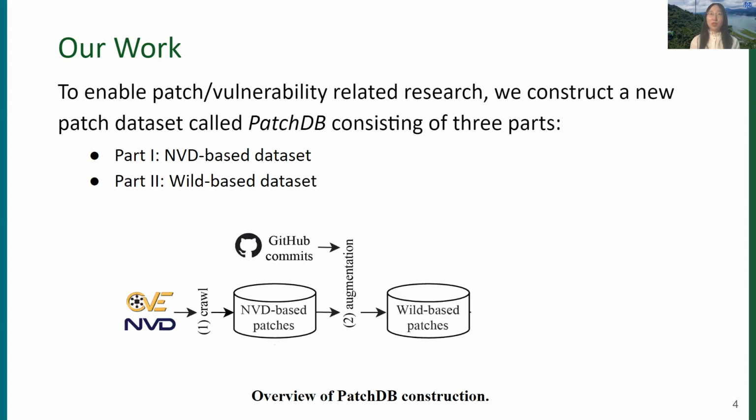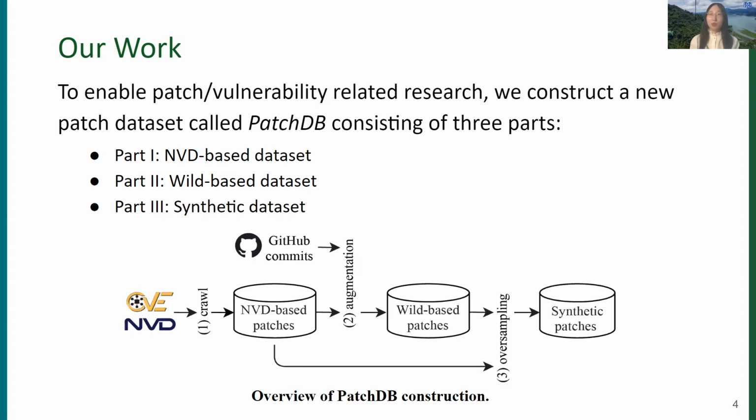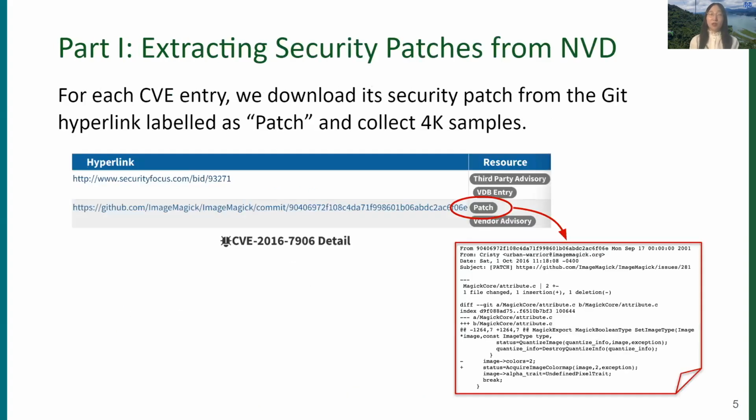Since some security patches are not included in the NVD, we further enlarge our dataset by finding more patches in the wild. To further increase the variety, we generate an artificial dataset by using our synthesis algorithm. Then I will introduce each part one by one.